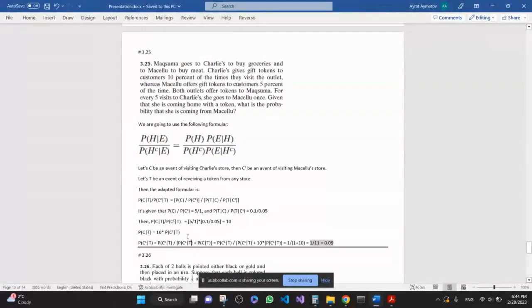Something's not right here. Look at this one. Your numerator on the right equals the left-hand side. You see your left-hand side? The equation is the probability of a given token, the token from Marcelo's store, right? But then on the right-hand side the numerator is the same. Something's missing. Maybe a different notation should be used.